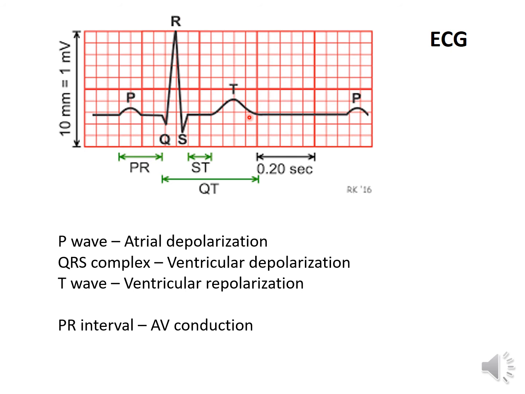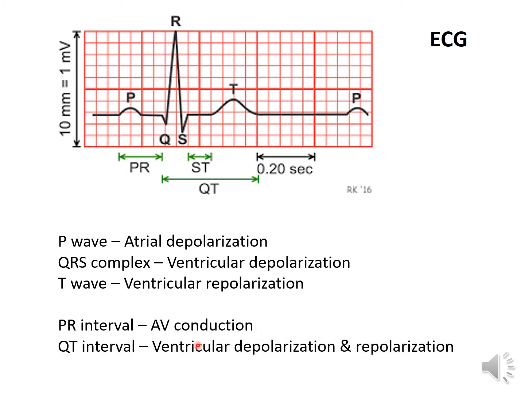Then apart from the three waveforms, there are a few intervals. The PR interval extends from the start of the P wave to the Q wave, and this tells us about AV conduction. So whenever there is slowing of AV conduction or AV conduction is delayed, that results in prolongation of the PR interval. That is, the impulse is taking more time to reach from atria to ventricle.